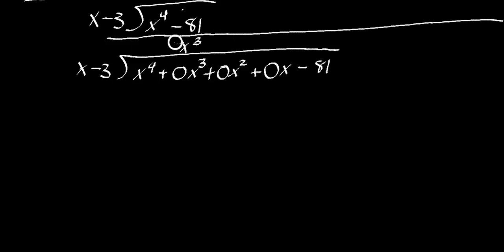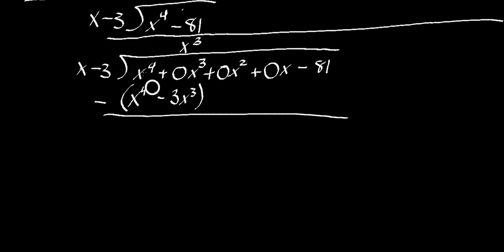So now let's multiply. x to the 3rd times x is x to the 4th. x to the 3rd times negative 3 is negative 3x to the 3rd, correct? And we are subtracting this. So our first round, x to the 4th minus x to the 4th, that cancels. 0 plus 0x to the 3rd plus 3x to the 3rd, right?